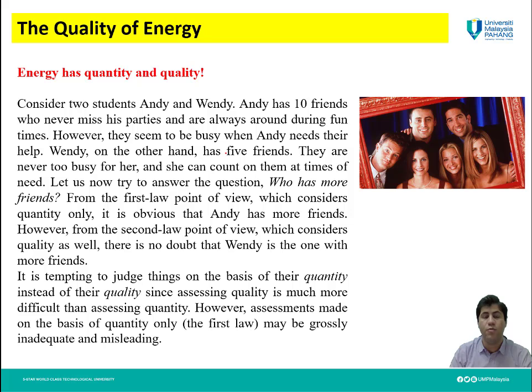So the quality of the friends of Wendy is higher than the quality of the friends which Andy has. It means these five friends are available and can help Wendy, but those 10 friends are useless actually. This is the same for the energy.